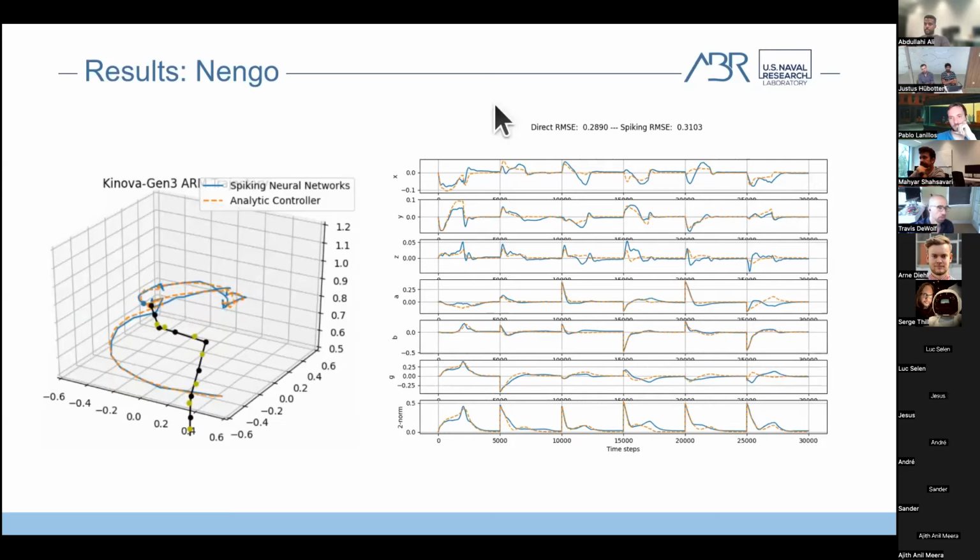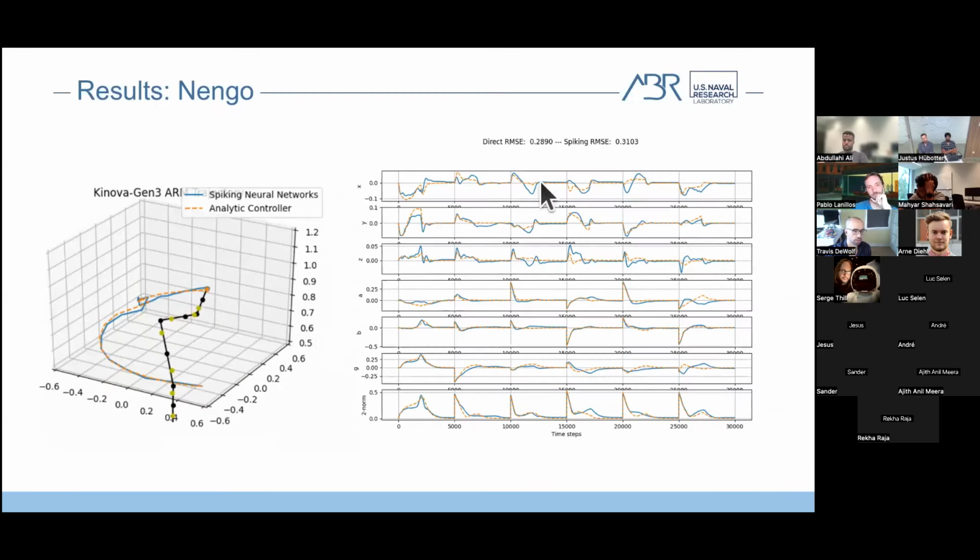Yeah, no problem. And so here we have rows. This is the X position over time. This is the Y position, Z, alpha, beta, gamma of the orientation of the end effector. And then this last row is a 2 norm of all of these summed together.